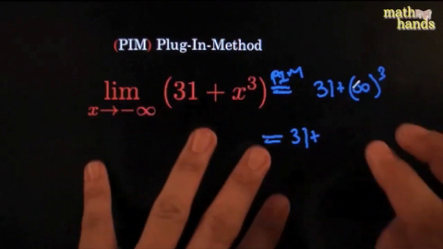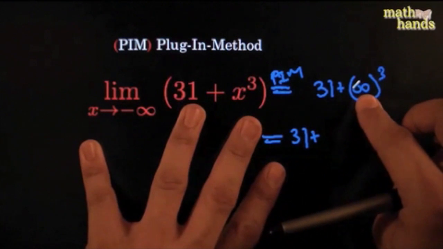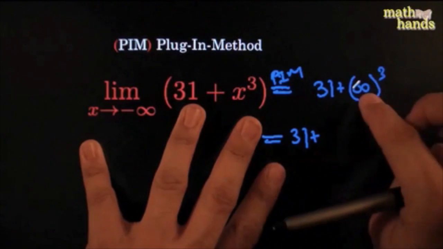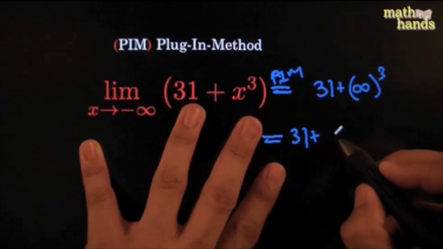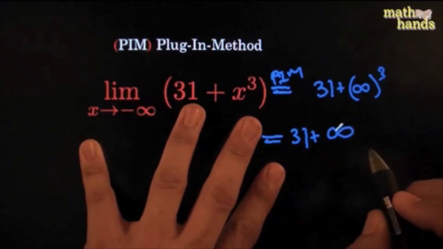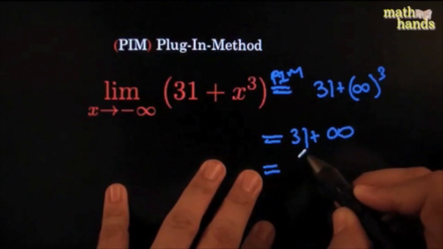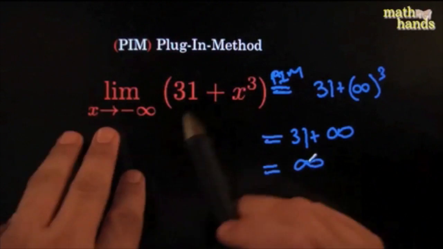Do we know for sure what that is? If I pick something from the large number bucket and multiply it times something else from this large bucket, and then multiply it again by something else from the large bucket, will I get something that I know for sure what it is? And the answer is, to some degree, yes. We know you'll get something really large. It'll be in the large bucket, and so then you add 31, and of course you get infinity. So it's completely determined. This limits.